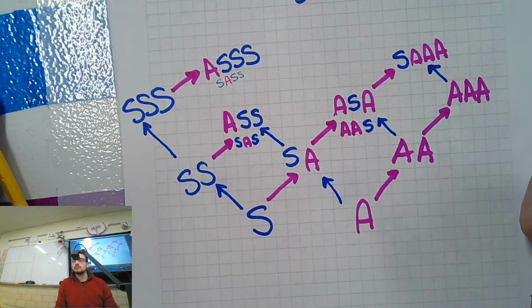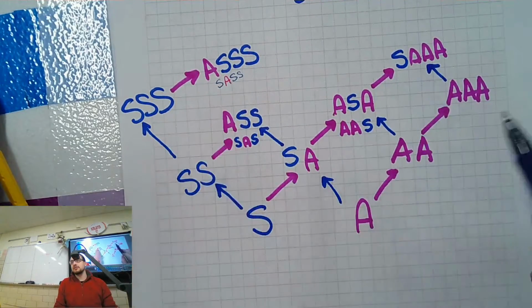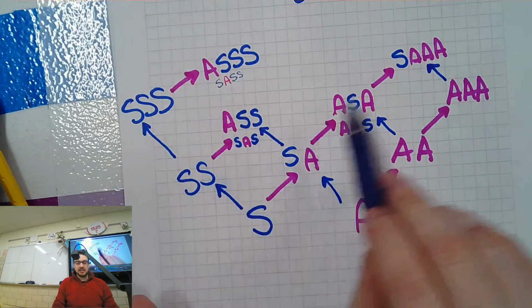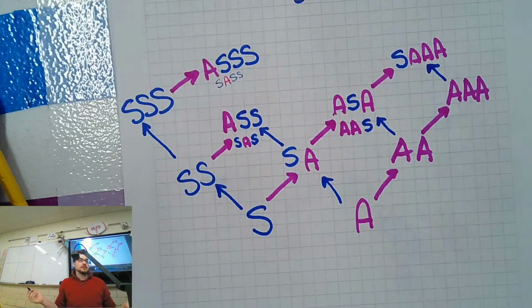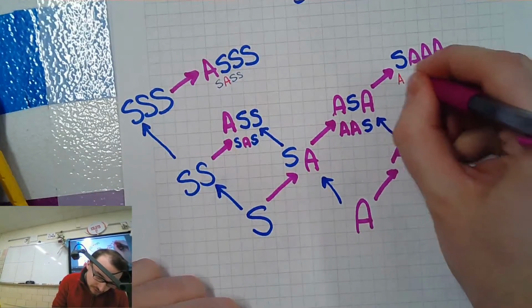Because otherwise it'll repeat. Yes, this is true. But how do we know without having to check? Just from using this information that this guy had 2, how do we know this will have 2? It's the same thing with switch. Exactly. Notice that instead of having an A, we have an S. Instead of having S's, we have A's. It's the same thing. So it's just going to be like this guy, but with the A's and S's switched. Like this.